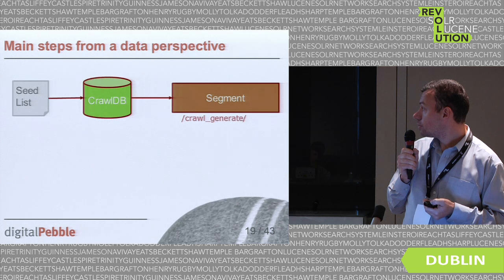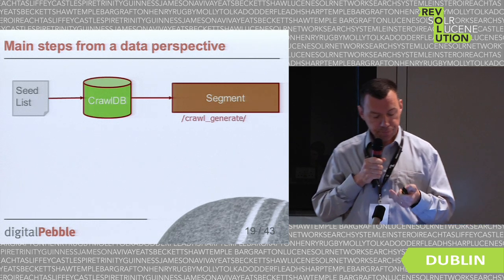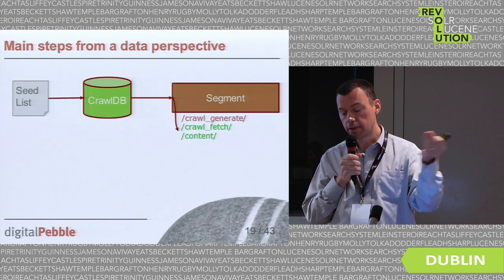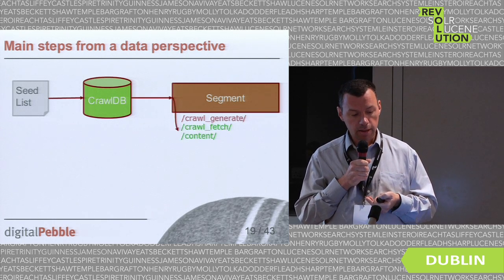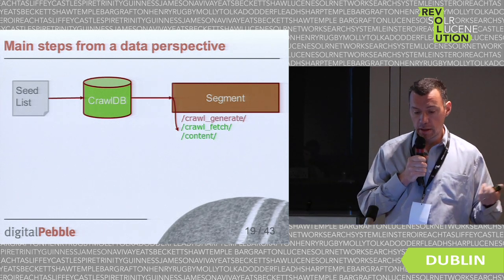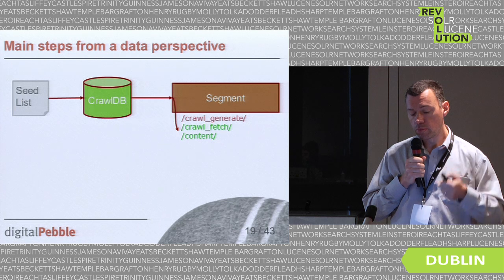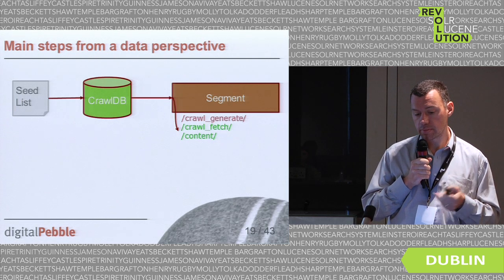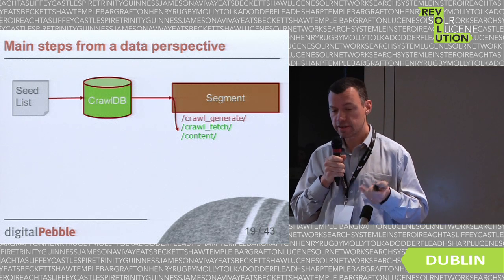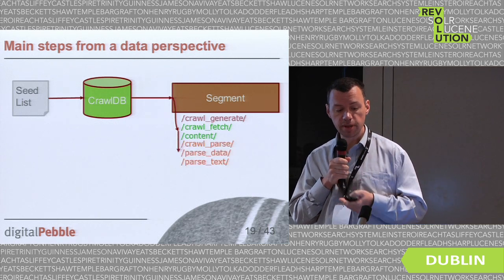Then when we generate a segment, the name of the segment is basically a timestamp, and the generation adds a subdirectory called crawl_generate. The fetching adds a couple more subdirectories, with crawl_fetch, which contains the status of the URLs after fetching, and the actual content being fetched.